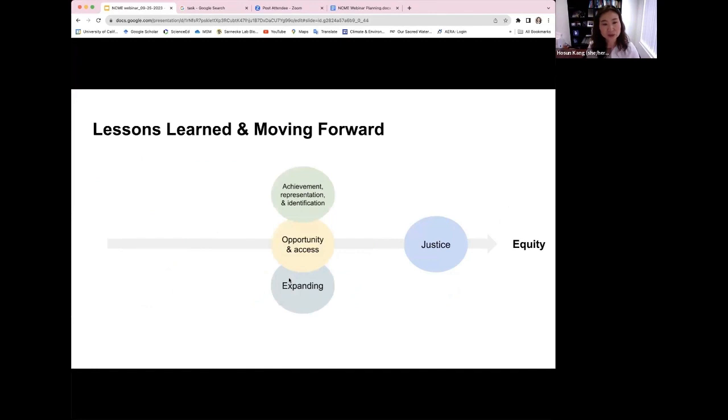As I move forward, I think it's not just one or the other. In my current project, I still use a lot of the scaffolds that I learned from my very first story. I try to expand what it means to do and learn science by pushing teachers to develop more than the traditional assessment expected by the Next Generation Science Standards.